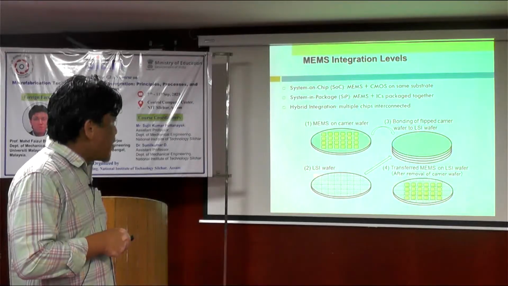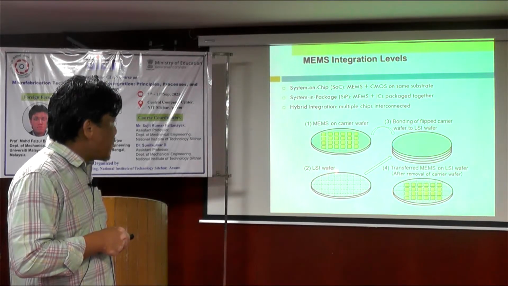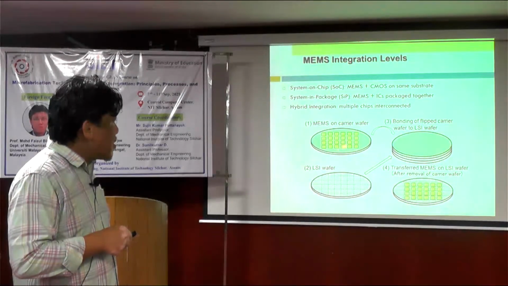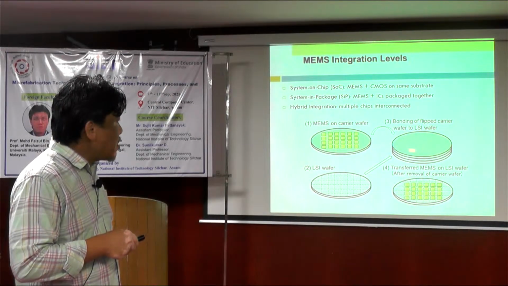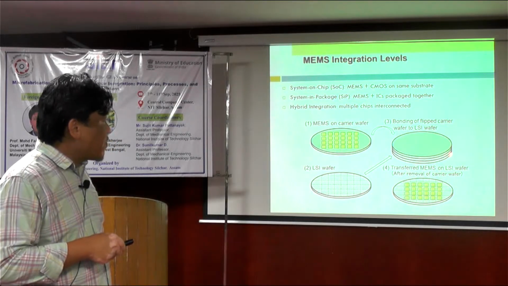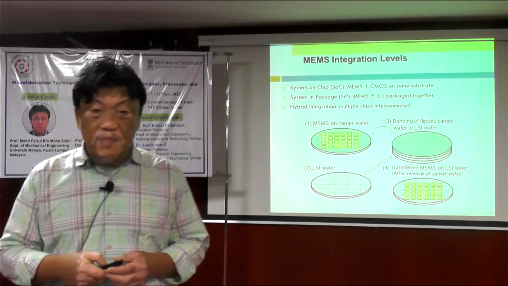Then you have an LSI wafer, large scale integrated circuit wafer, then a kind of wafer bonding here. So then you transfer the MEMS and LSI wafer after removal, etc. So that is some of the process that happens with MEMS devices.